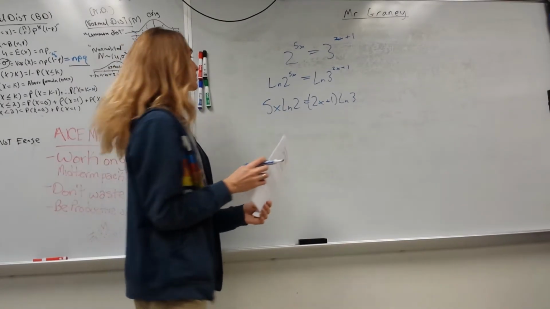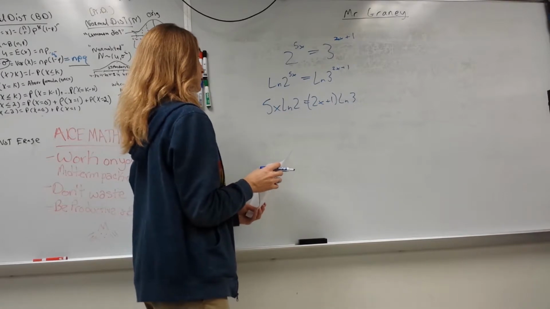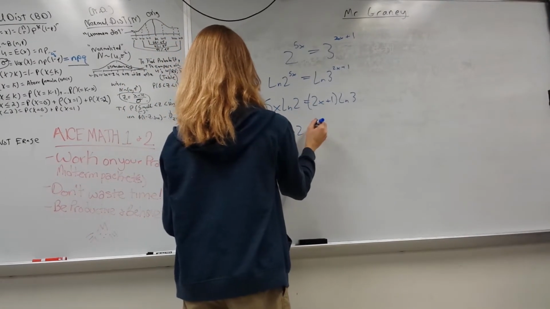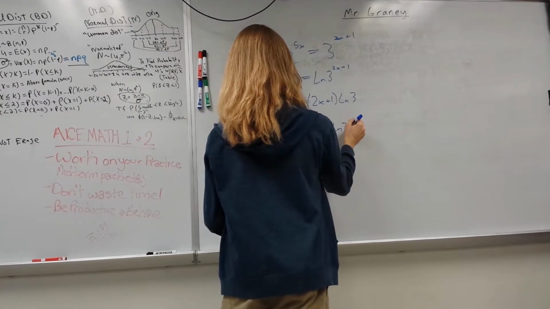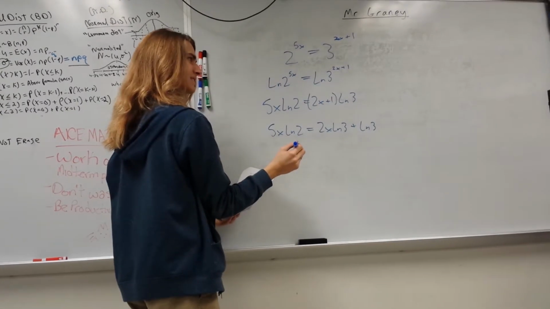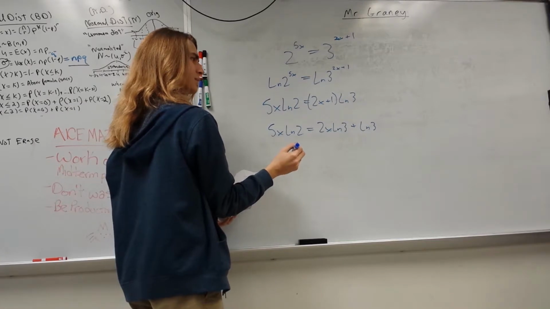You good? Got it. So next, solving for x, I'm gonna go with 5x ln of 2 equals, we can distribute that, 2x ln of 3 plus ln of 3, right? Do we want to do that?